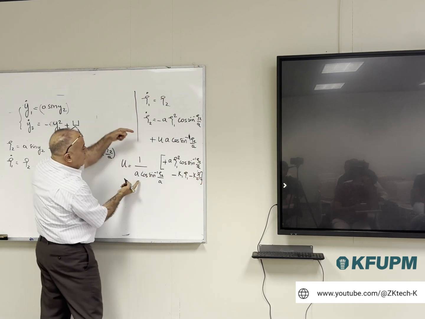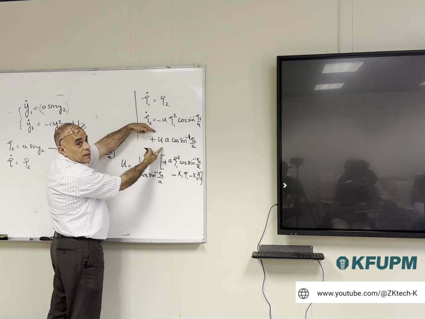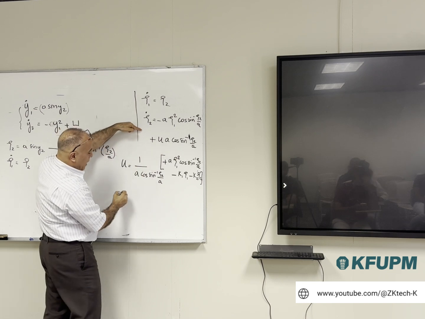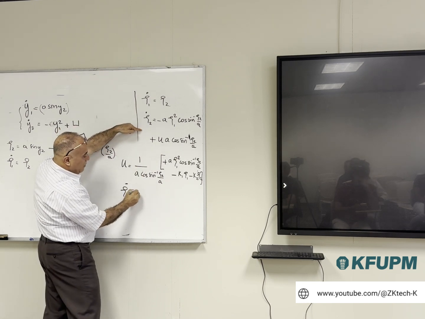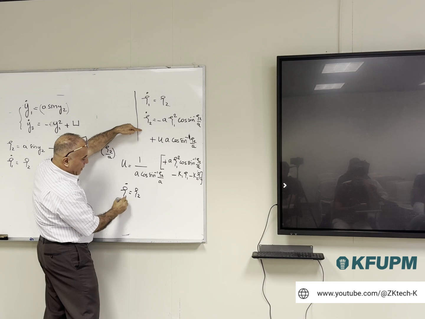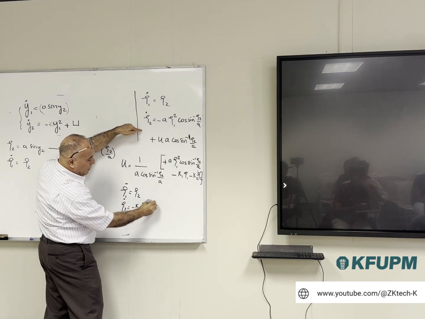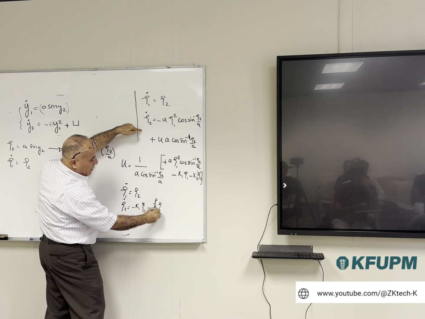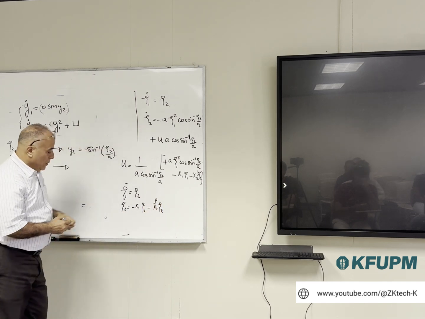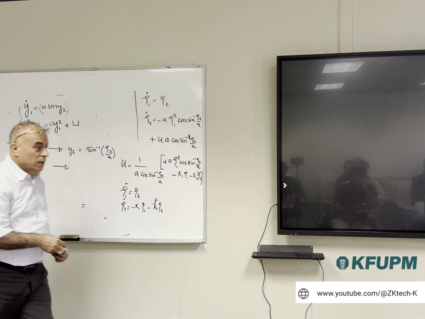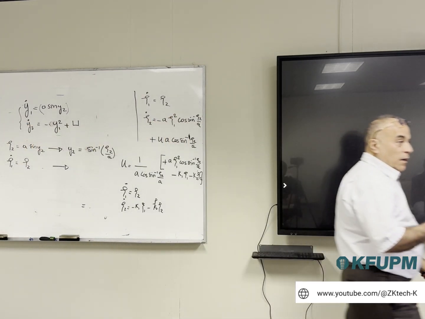So if I take this controller now and I plug it here, I will have zeta 1 prime equal to zeta 2 and zeta 2 prime equal to minus k1 zeta 1 minus k2 multiplied by zeta 2. So there are two parts in your controller. The first part takes off the nonlinearity.